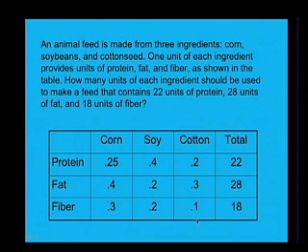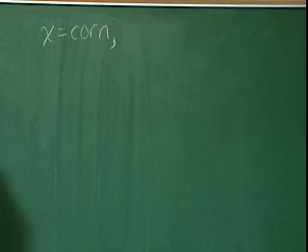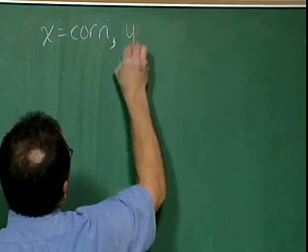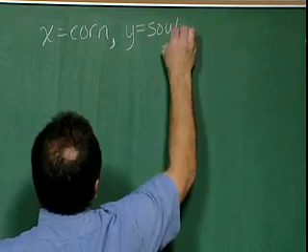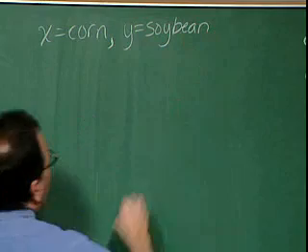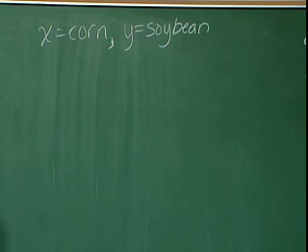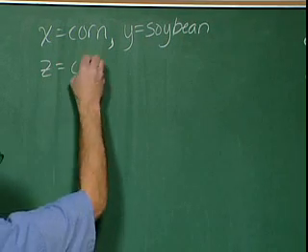The way I'm going to start is I'm going to say, let's let X equal the amount of corn. Then I'm going to say, let Y equal the soybeans. And we will let Z equal the amount of cottonseed.